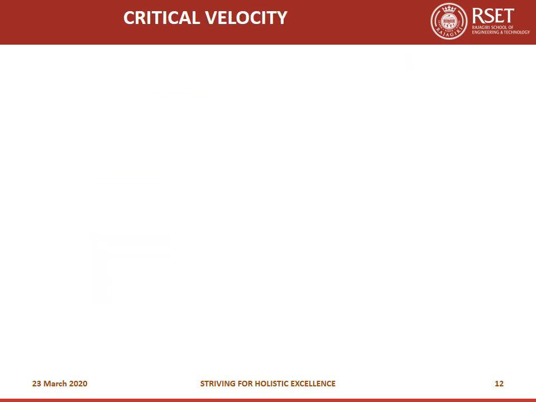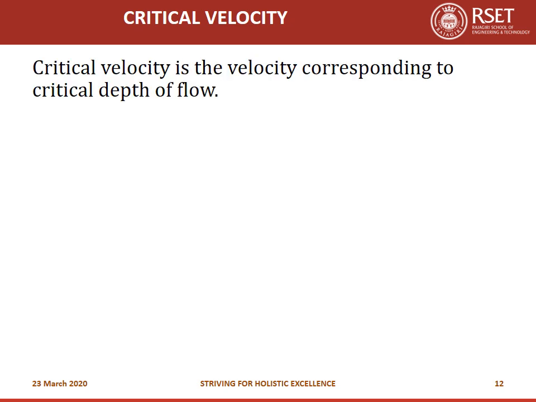Now we'll find out an expression for critical velocity. Critical velocity is the velocity corresponding to the critical depth of flow. So in order to get that, I already have the expression for critical depth as YC equal to Q squared by G raised to 1 by 3. So I'm going to cube it.